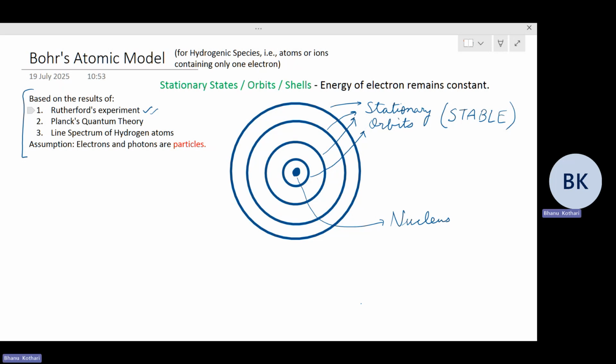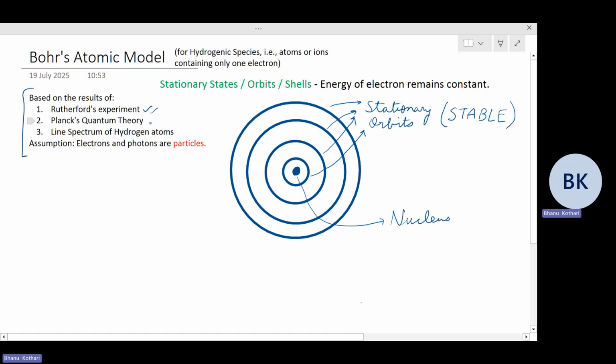Further, Planck's quantum theory showed that the energy transferred through light or electromagnetic radiation has to be quantized. That means it has to be an integer multiple of h nu, where h nu is the energy of one photon. Planck's quantum theory also explained the observations of the photoelectric effect.